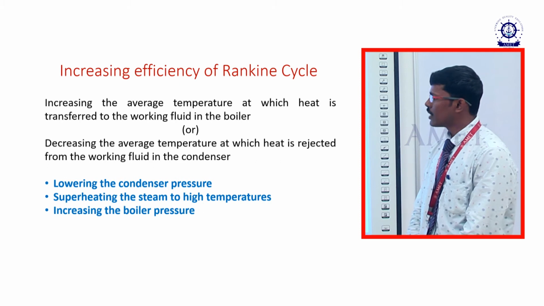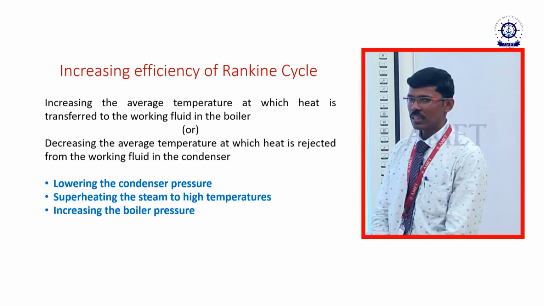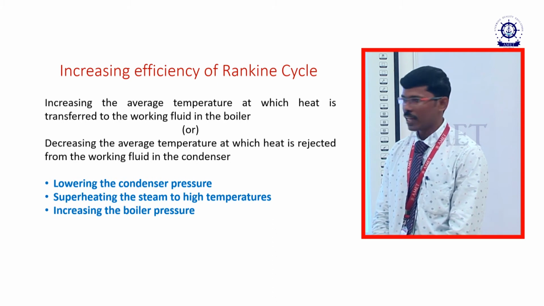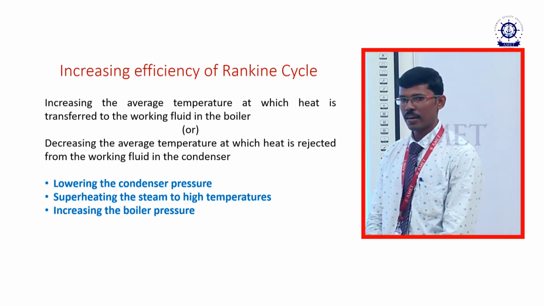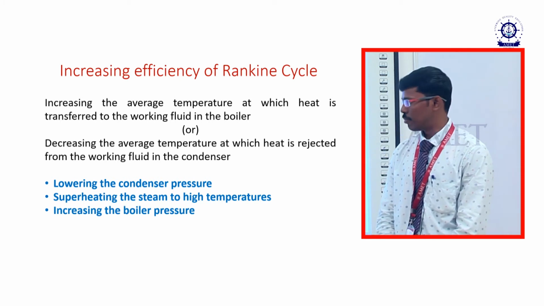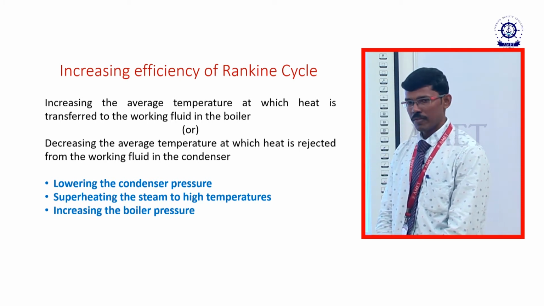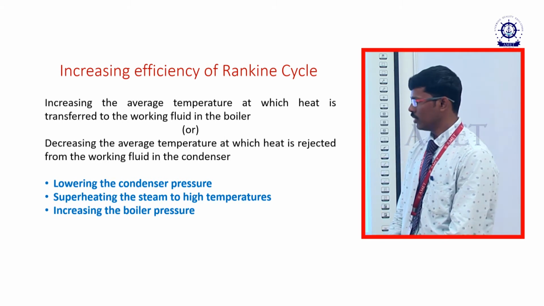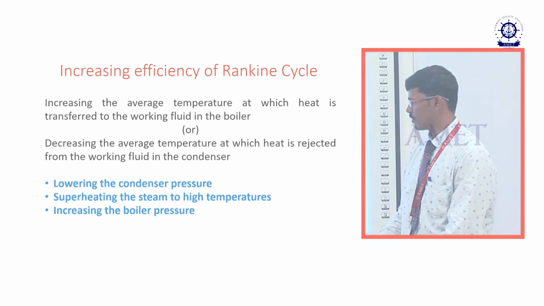This can be achieved by any one of three methods. One is lowering the condenser pressure, another is superheating the steam to a higher temperature, and the last one is increasing the boiler pressure. Each one has its own advantages and disadvantages that we will look at in the upcoming slides.